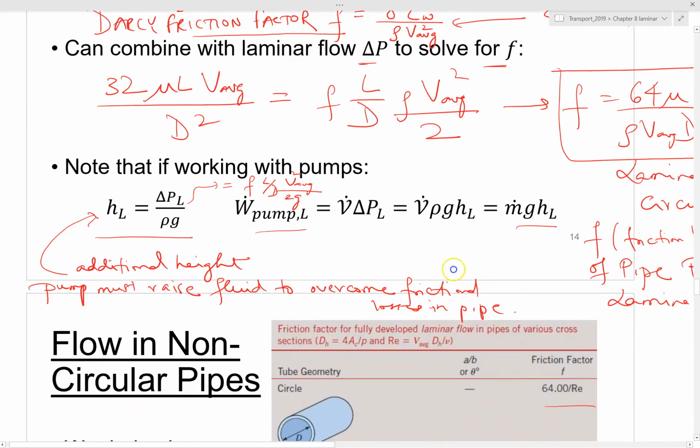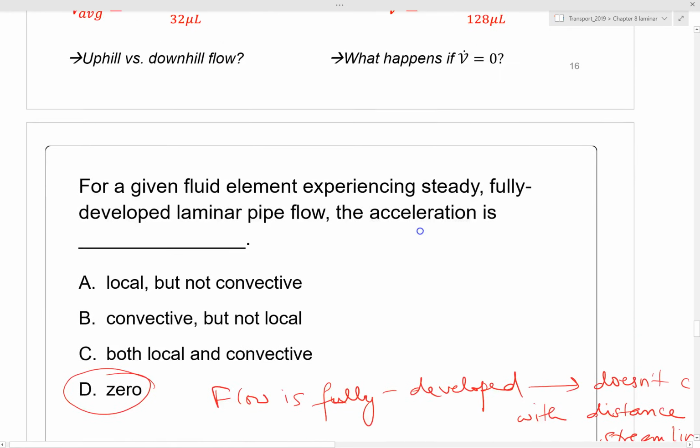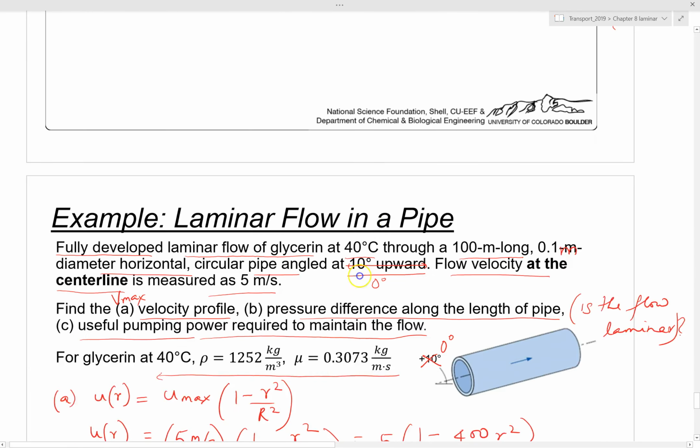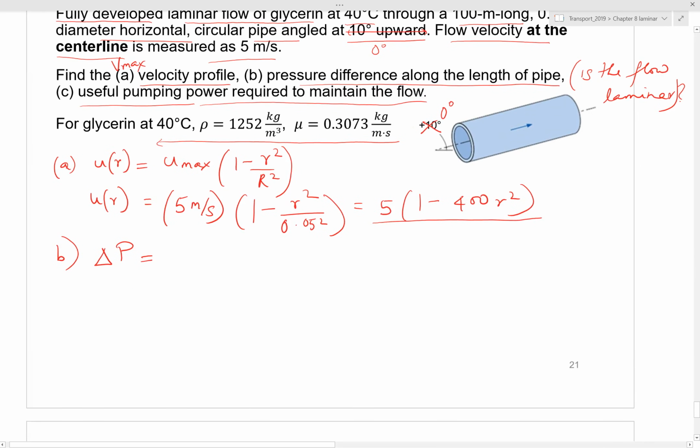So we will use this, and so delta P will be 8 mu L V average divided by R squared.